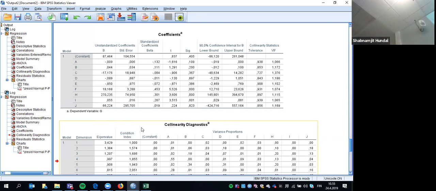Sorry, I can say that beta 1, beta 2, beta 3, beta 4, and all else are zero, even though they are not zero. But I don't have enough confidence to say that they are away from zero, they're nearly zero. And they fall in this rejection or acceptance zone.